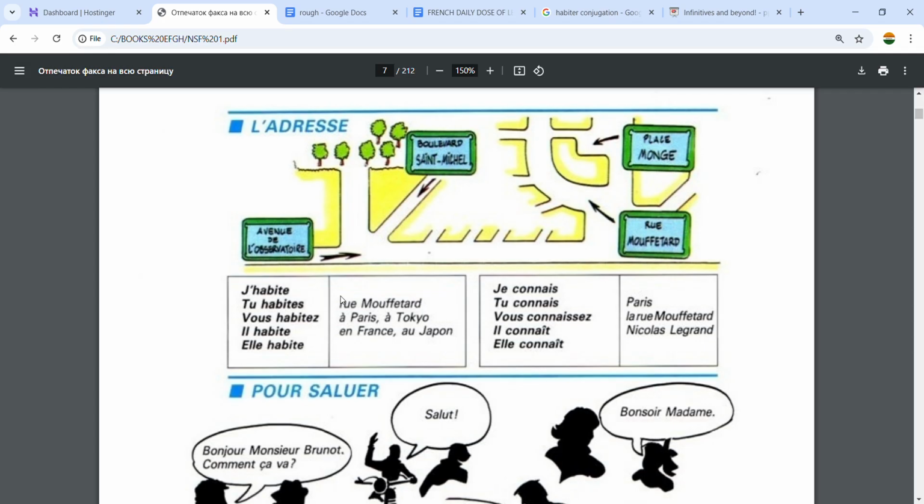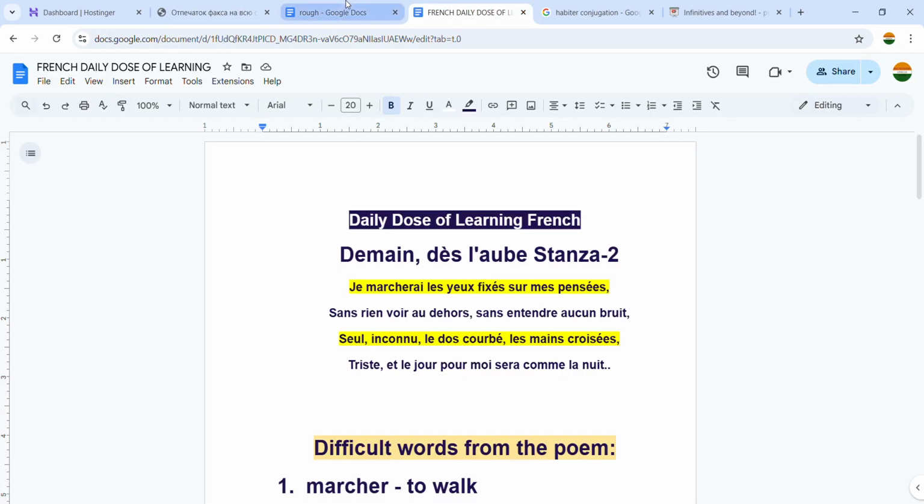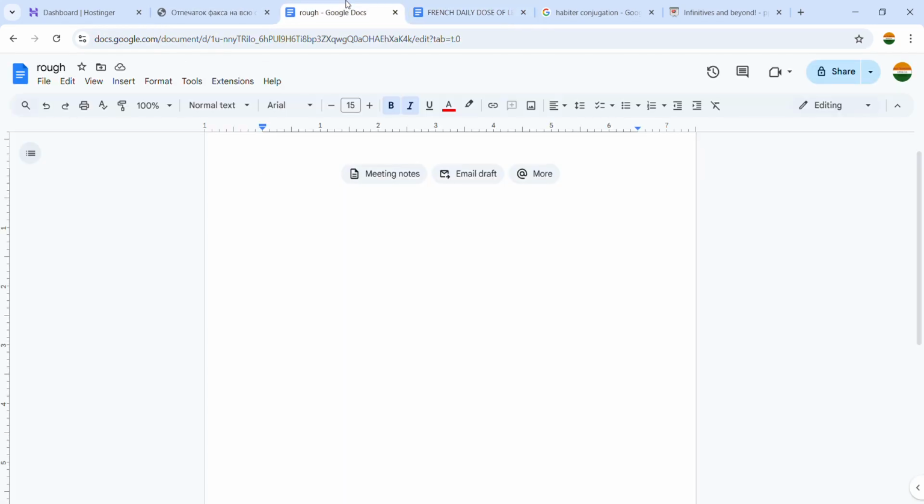One more thing, guys, this is prepositions. If you see en France, France is a country, a feminine country. Au Japon means Japan is a masculine country. For this grammar you can go to my playlist, or if you need it in the same playlist you can tell me in the comments. Like we have "in" in English, in French we have 3 kinds of "in", more than 3.